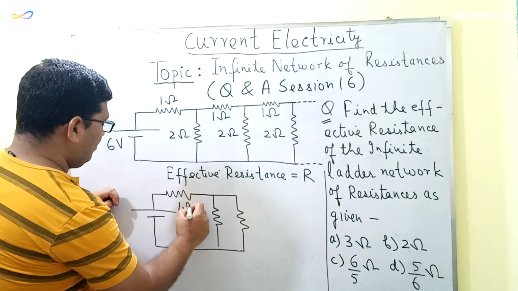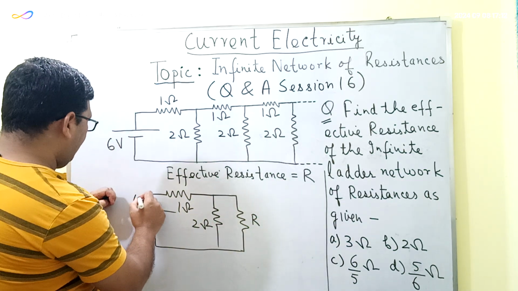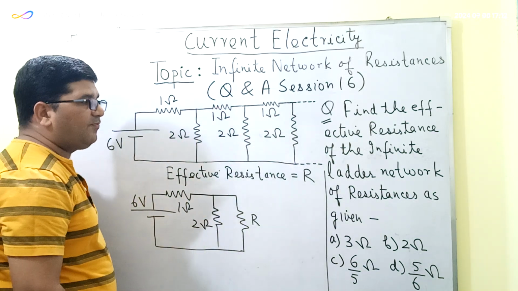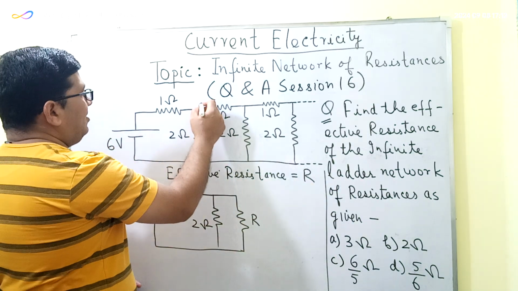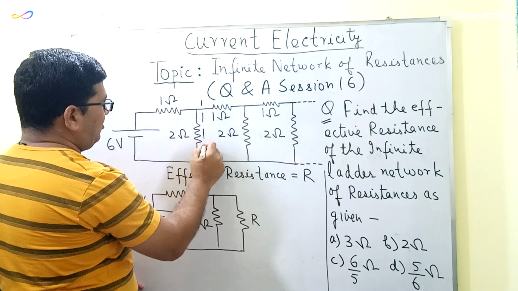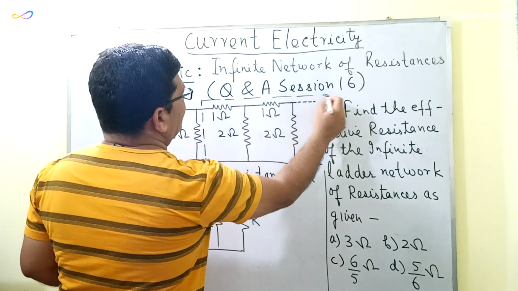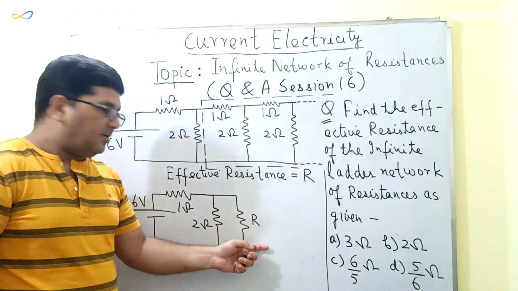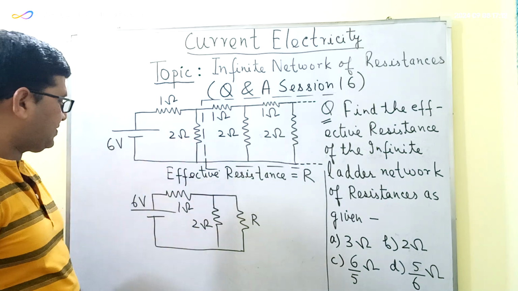Now this is 1 ohm, this is 2 ohm, and this is R. And see, what I have done is, since the effective resistance of this infinite network of resistances has been taken as capital R, we can also say that the effective resistance of this part of the circuit, which I am showing with the help of these dotted lines, can also be taken as R, and this effective resistance will be in parallel to this 2 ohm resistor.